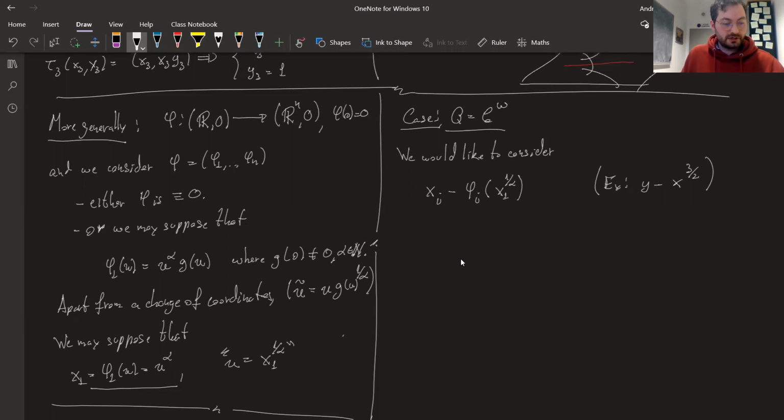But we can do a little trick, which is usual in this kind of setting, the algebraic and analytic setting.